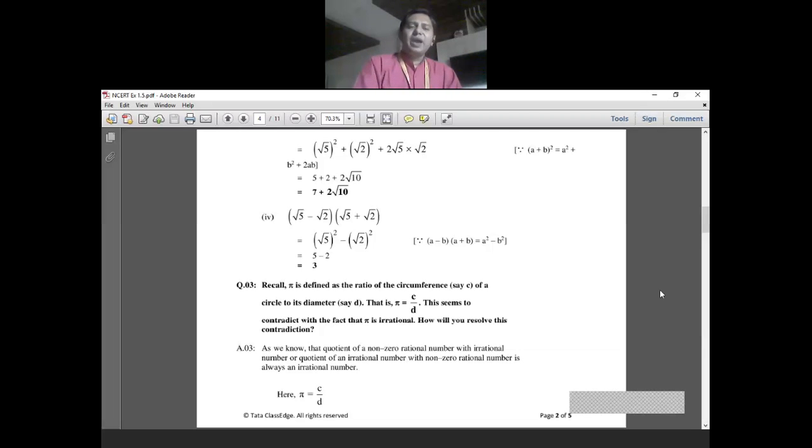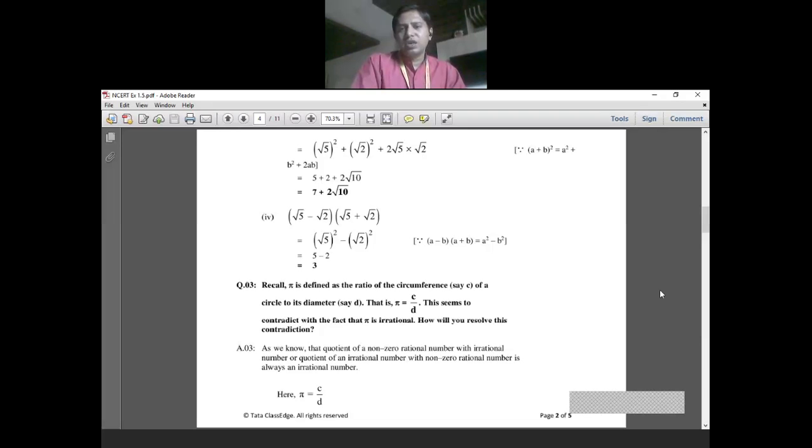either circumference or diameter will be irrational, then the answer will remain irrational. So as we know that the quotient of a non-zero rational number and an irrational number is always irrational.